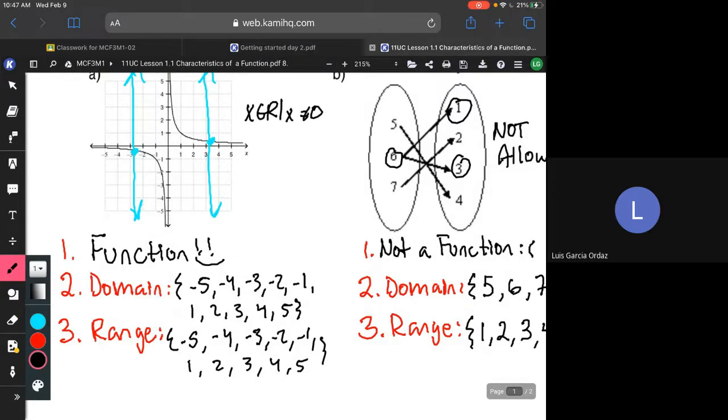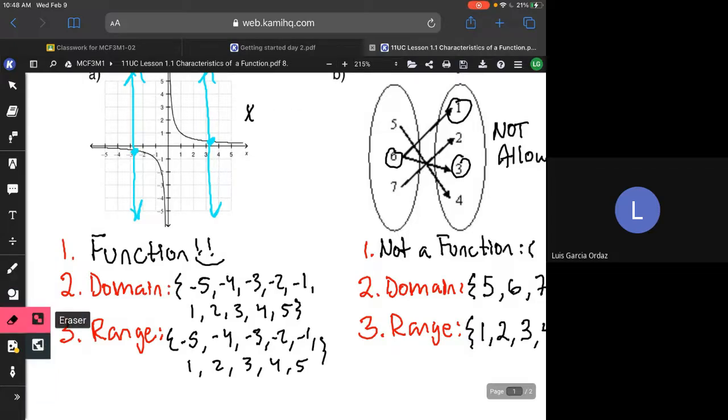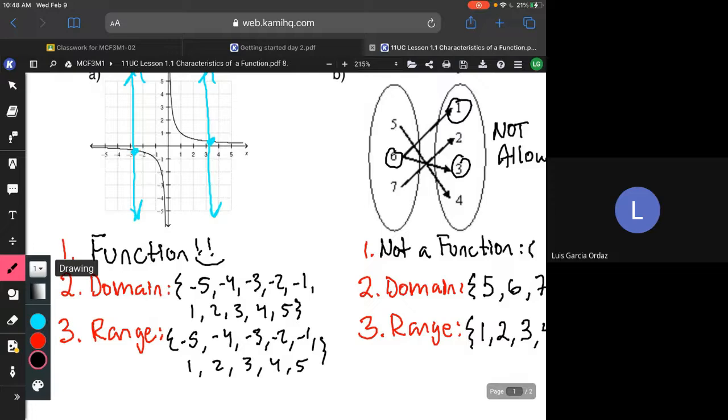Yeah, that's why I said I don't want to write it like that. This one we're going to learn later. This is for later. Ignore.